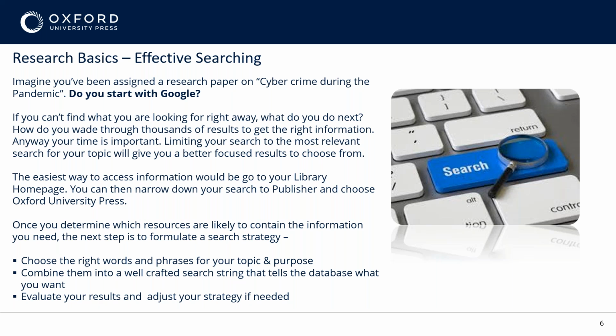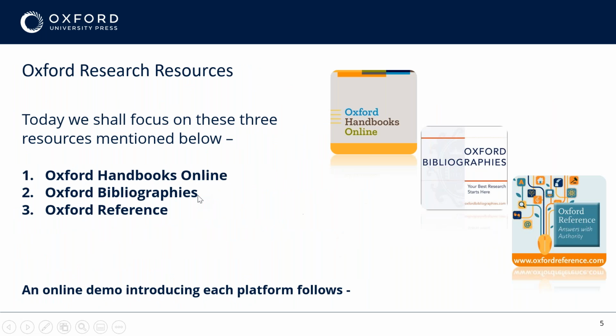Maybe you're interested in looking at, say, legal rights. So if you look at legal rights, everything from different publishers will show on your library page. So instead of beginning your research from Google, the best page to start your research would always be your university's library page.